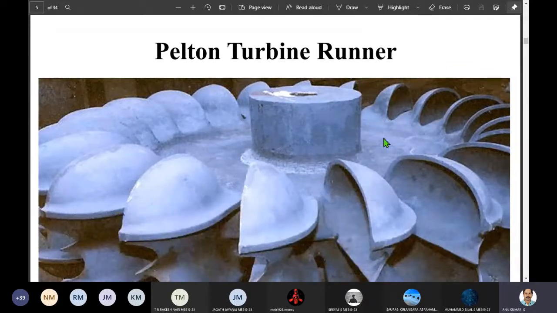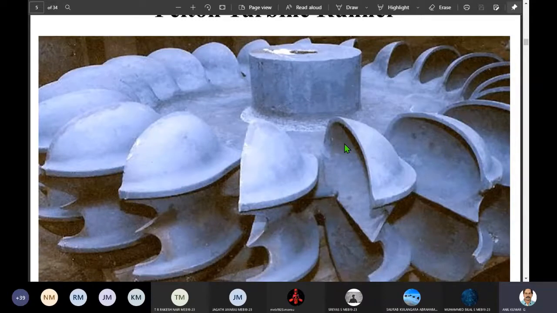So when you think of a state like Kerala, where high head water storage or high head dams are available, you can have a water head of 500 meters. From the powerhouse level where the turbine is installed, the water stored in the dam is at a vertical height of 500 meters or so.